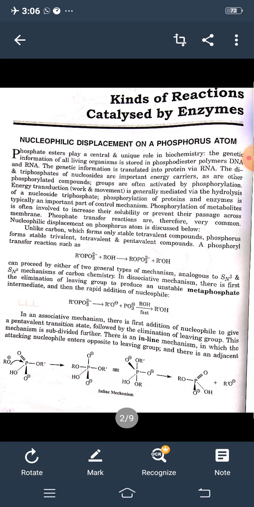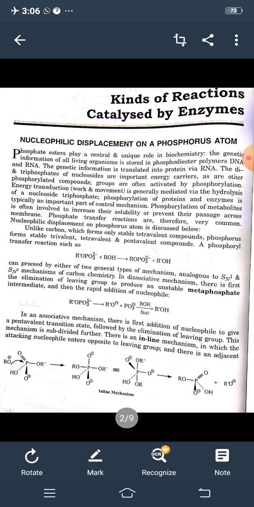In dissociative mechanism, there is first the elimination of leaving group to produce unstable metaphosphate intermediate, and then the rapid addition of nucleophile as shown in the following reactions. In an associative mechanism, there is first addition of nucleophile to give a pentavalent transition state followed by the elimination of leaving group.